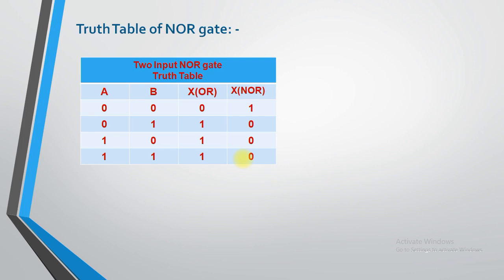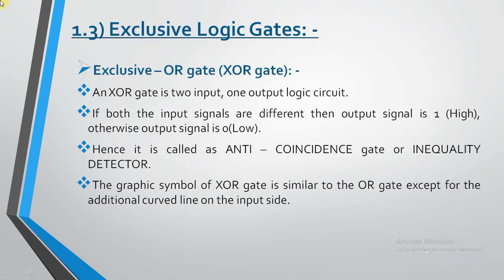So let us move forward to the last gate, which is called exclusive gate. Exclusive gates contain two types, XOR and XNOR, right? X stands for exclusive OR or exclusive NOR, right? So now exclusive OR gate means what?